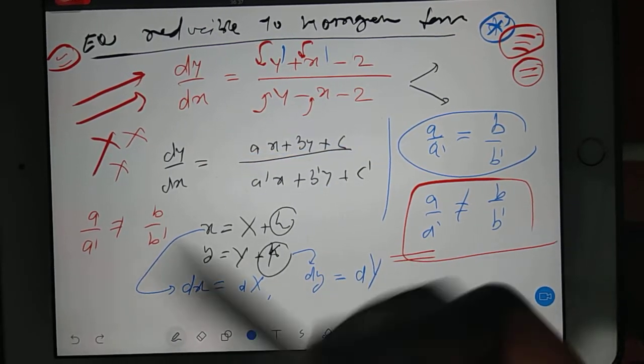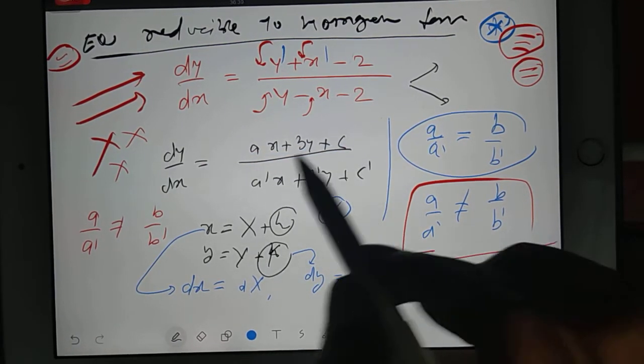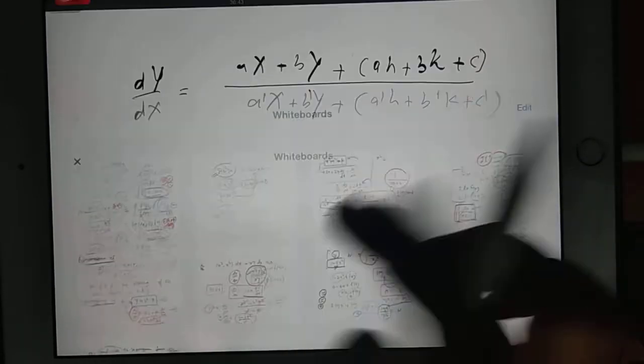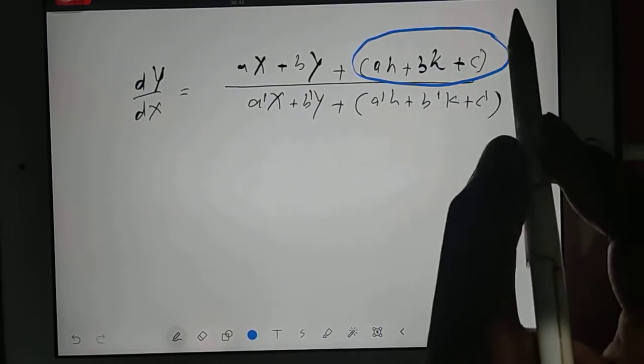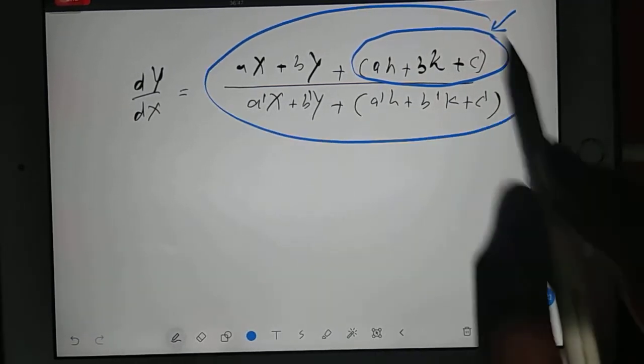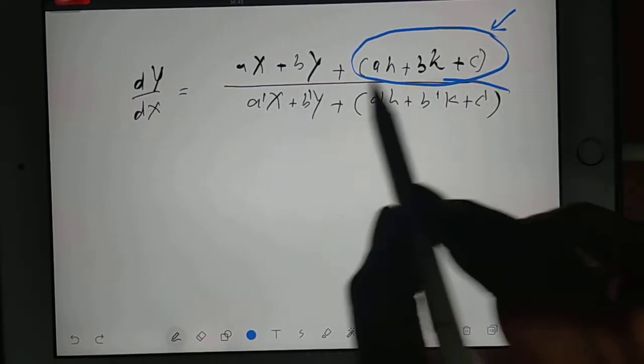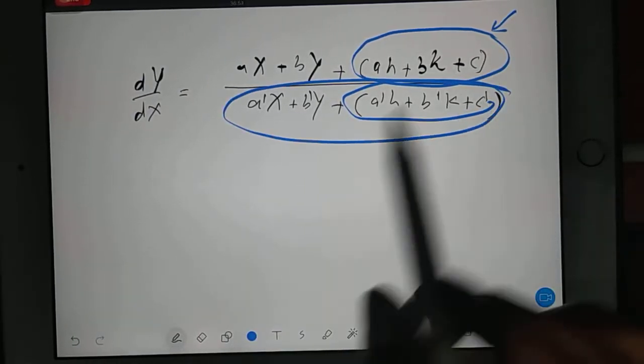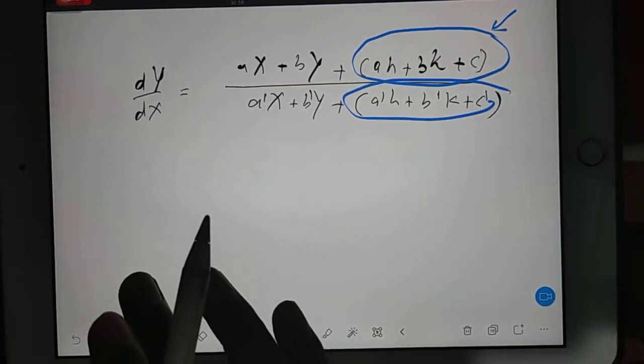So we are learning how to solve a question that we can reduce to homogeneous. Here this is a constant term, so this makes the total term non-homogeneous. This is also a constant term, which makes the denominator non-homogeneous.